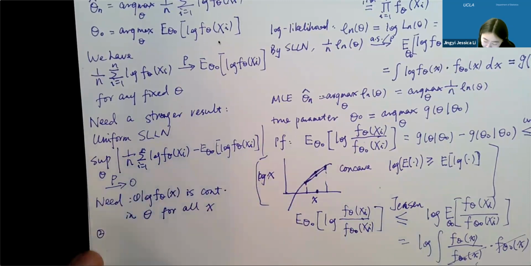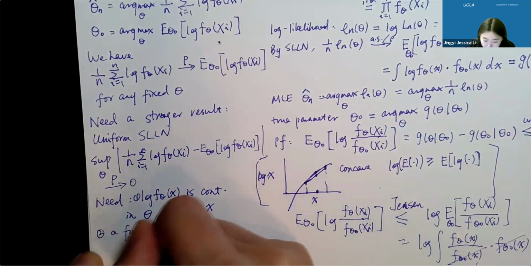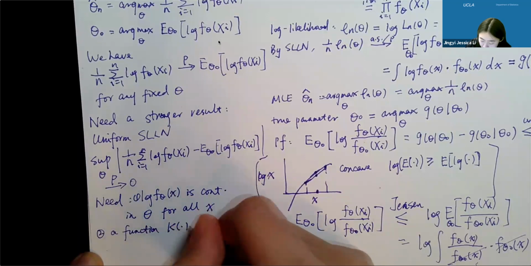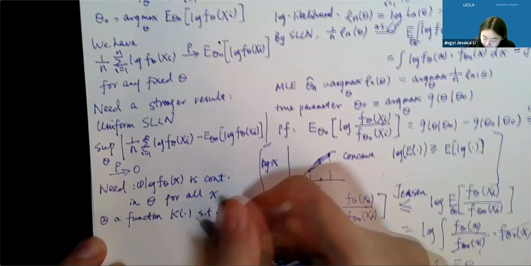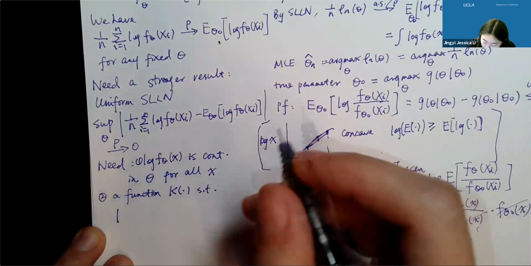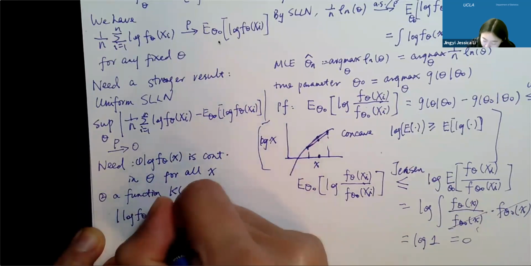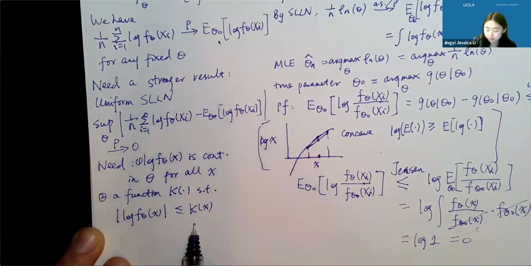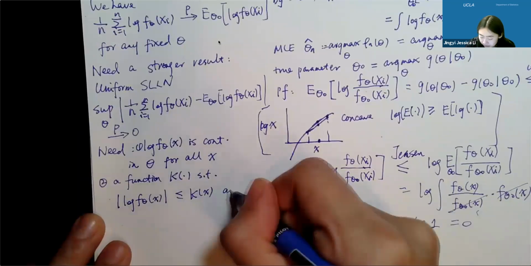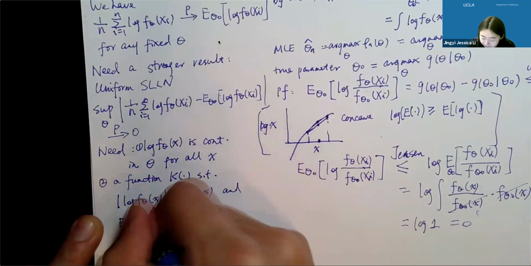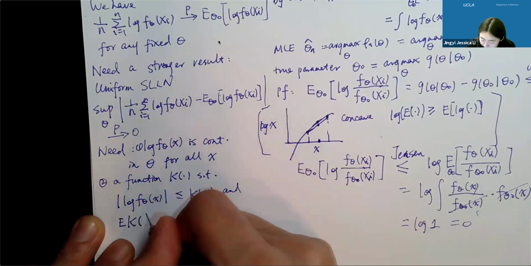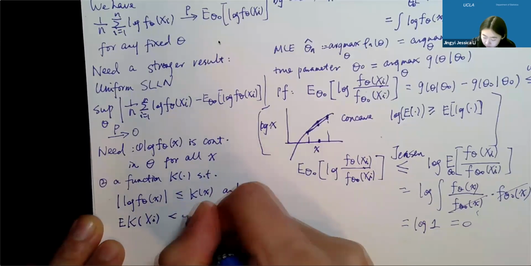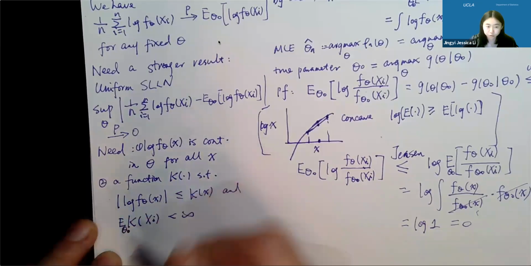Secondly, I need a function k such that the absolute value of log f(theta, x) is less than or equal to k(x). This k has nothing to do with theta, and the expectation of k(xi) must be finite, where the expectation is again under the true distribution.